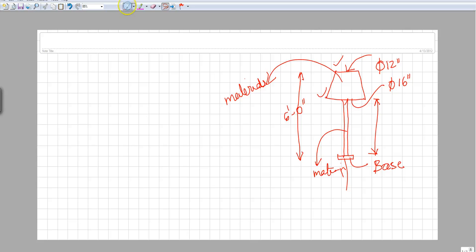I could even give him more information, like I would even probably draw a 3D view of the lamp. Okay, I could draw the 3D view of the lamp where he gets a better idea as to how his lamp needs to be constructed.